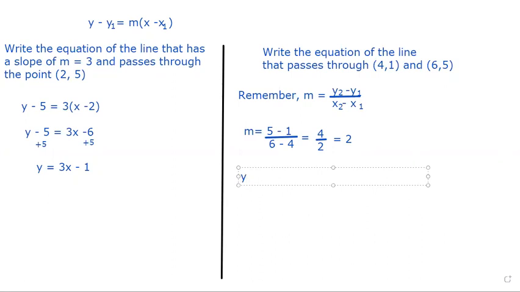So the first thing I'm going to do is use 4, 1. Here's y minus 1 is equal to 2 times x minus 4. Once again, we distribute: y minus 1 equals 2x minus 8.